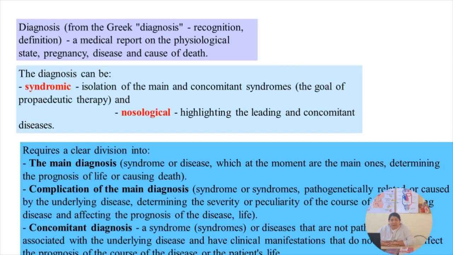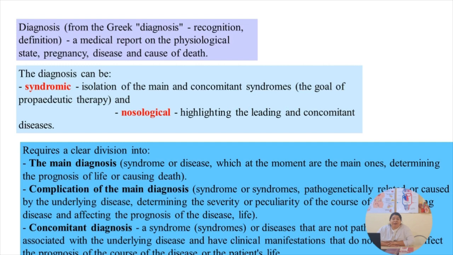The main goal of propedeutic therapy is finding out the syndromic diagnosis. Examples: bronchial obstructive syndrome, when our bronchi become narrow, or myocardial injury syndrome, or arterial hypertension syndrome. The next type is nosological diagnosis, highlighting the leading and concomitant disease. For example, bronchial asthma, myocardial infarction or angina pectoris are nosological diagnoses.